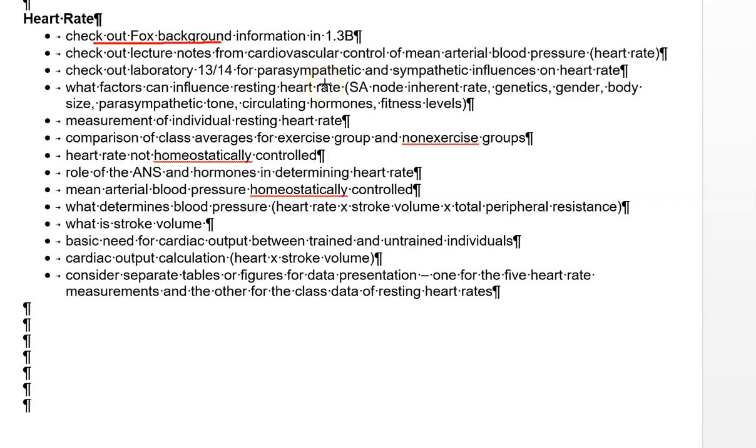So S3P2 would go there. Also, check out the laboratory for 1314 for the parasympathetic and sympathetic influence on heart rate. So remember, we talked about the parasympathetic being most dominant at rest under 100 and sympathetic being more dominant at exercise when heart rate's above 120. So that wouldn't be a bad thing to look at.